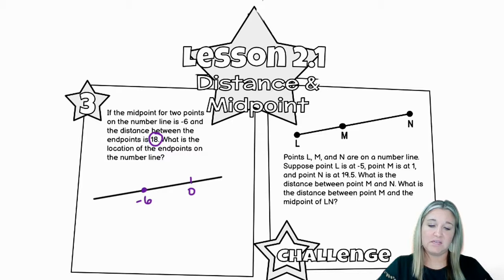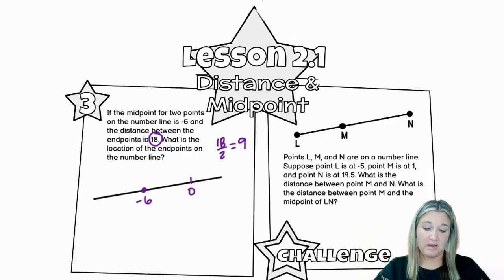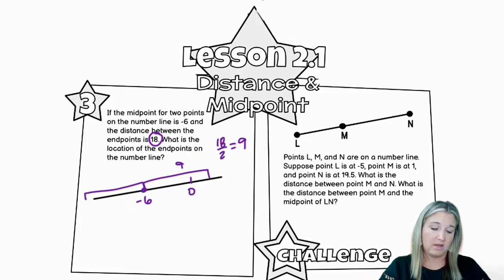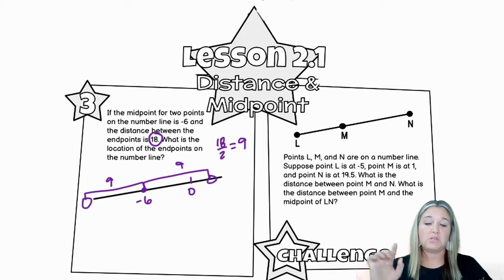So if I take 18 and divide it by 2, I'm going to get 9. So I know that there's going to be 9 on this side, and there's going to be 9 on this side. I'm trying to figure out where these two points are. So if I take -6 plus 9, going to the right, that gives me 3.